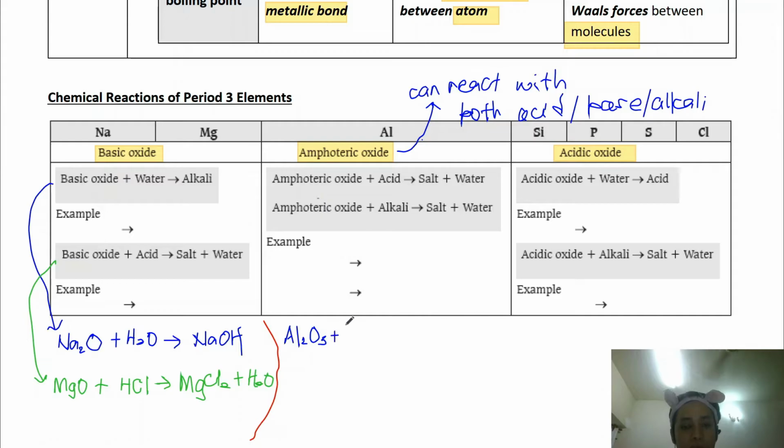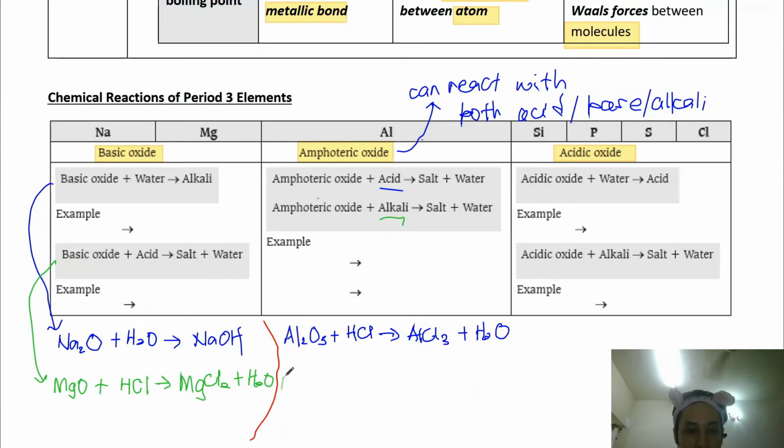If I react with an acid, let's say, for example, HCl, the salt that I will be getting is aluminium chloride, AlCl3, plus water. Again, this is not balanced. You need to balance the equation. You need to do a lot of exercises. Now the second one: the first one is with acid, the second one is with an alkali.